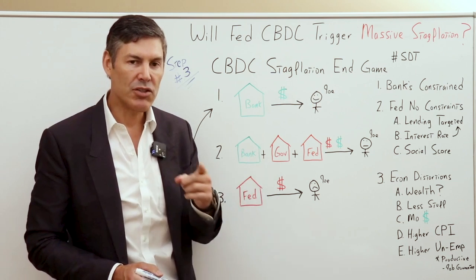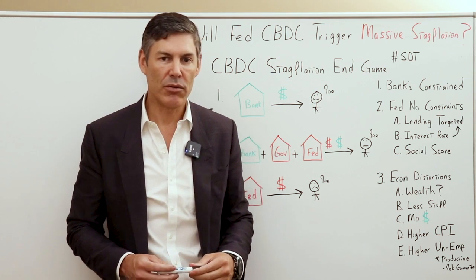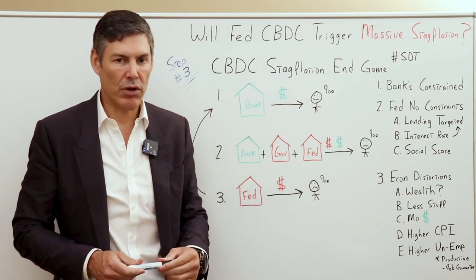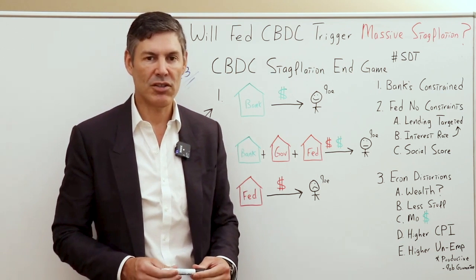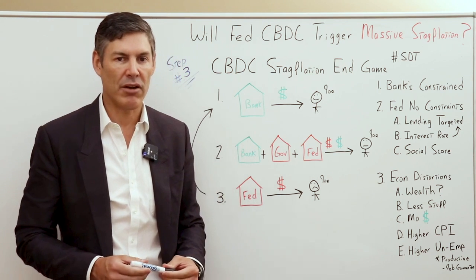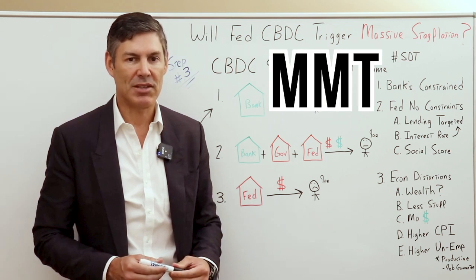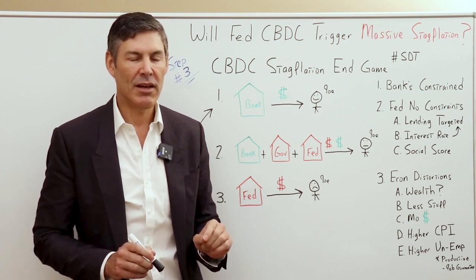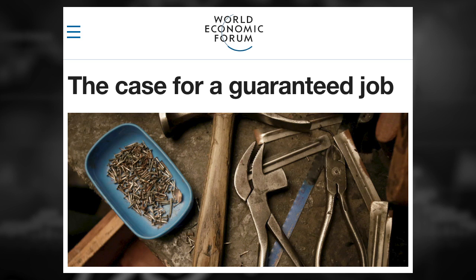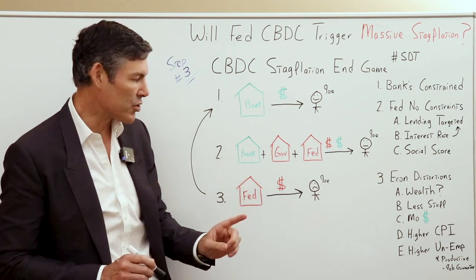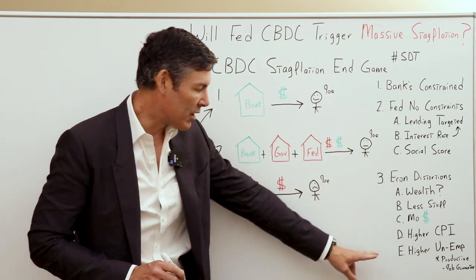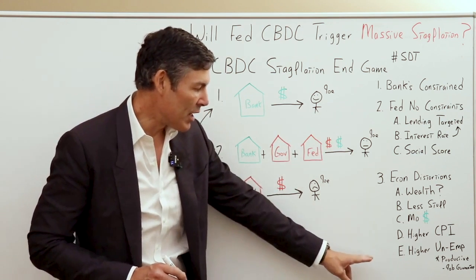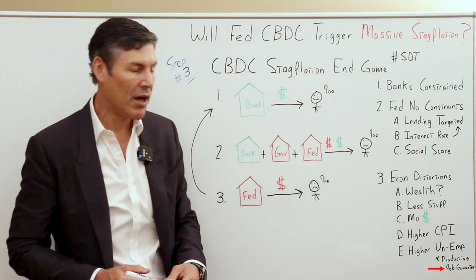Why? Because you guys know as well as I do, one of the popular buzzwords right now with the politicians and policymakers, the central planners, is MMT. And one of the basic principles of MMT is a jobs guarantee program. So I think we may see in the future, along with everything else, that the government or the Fed comes in and guarantees everyone a job.